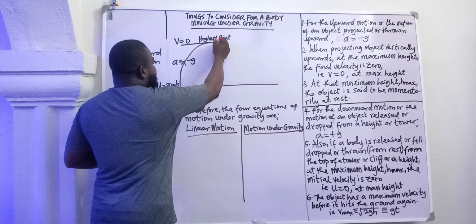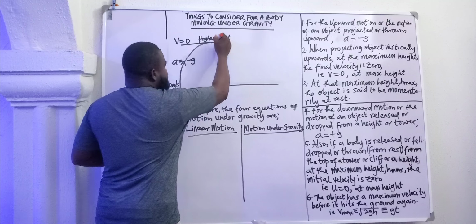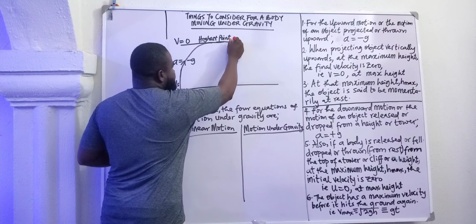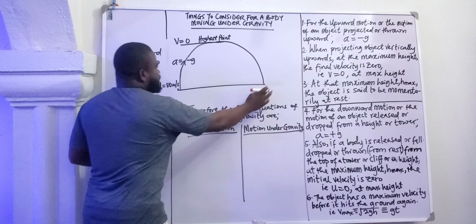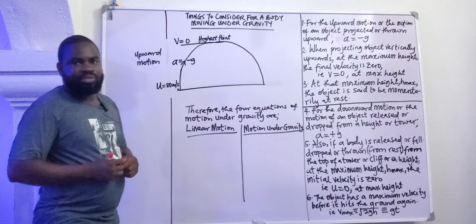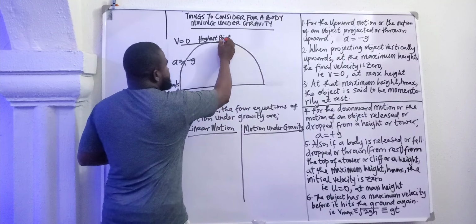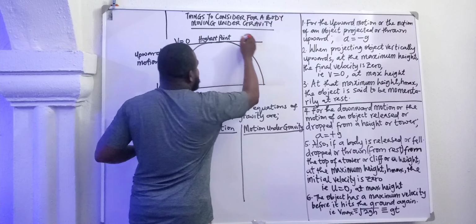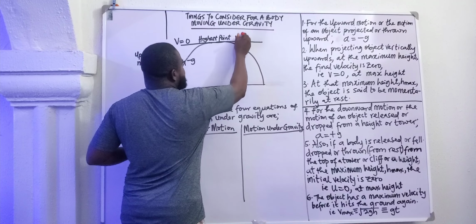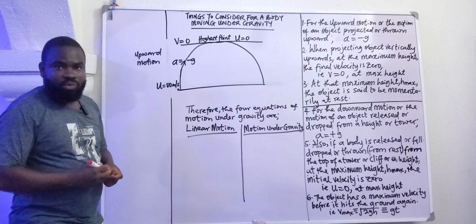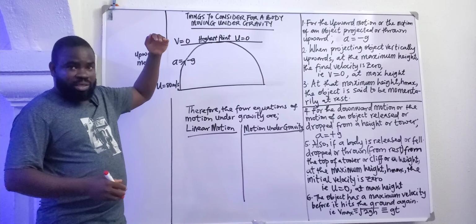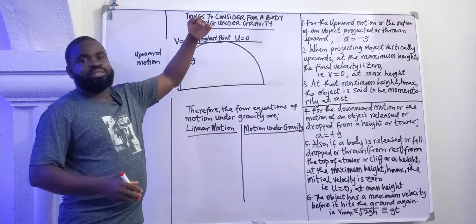Then for the downward motion, when the body is released from a height and is coming down, falling down under gravity, take note, at this maximum height, the initial velocity is 0, because we assume that the body is coming from rest.